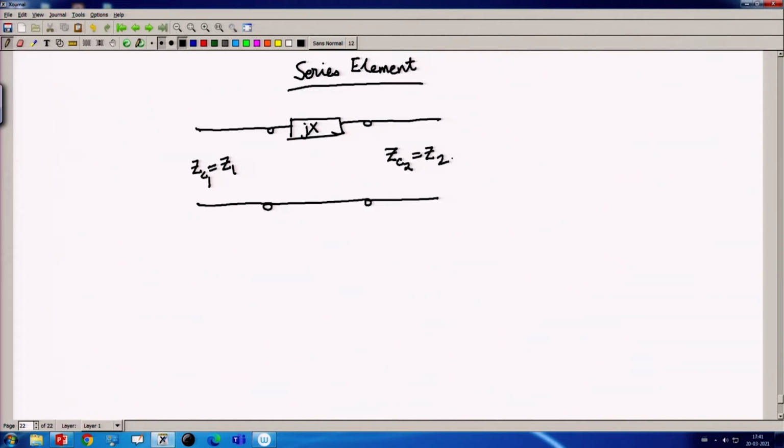So, the two characteristic impedances of the transmission line on the two sides are different.